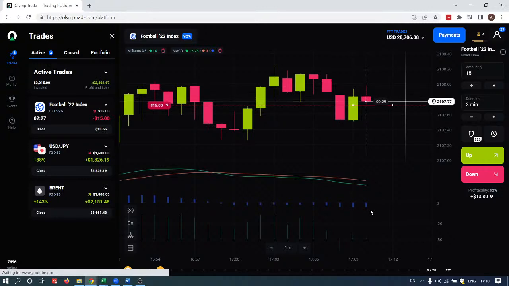Layer of confirmation number one comes from this indicator, which is the MACD indicator. The second layer of confirmation is the Williams %R indicator, which is basically this green histogram below the chart. It tells us that if the bars of the histogram are under the midline, that means we are in the bearish sentiment, right?